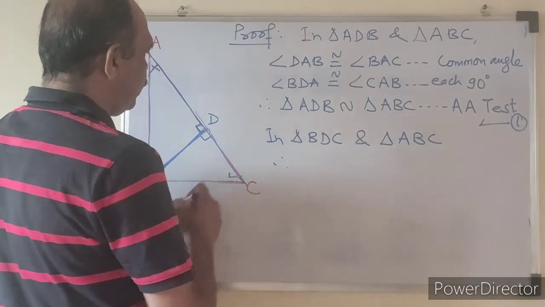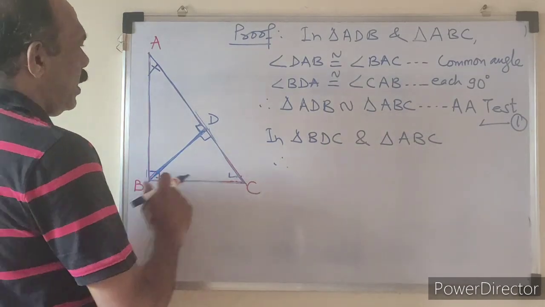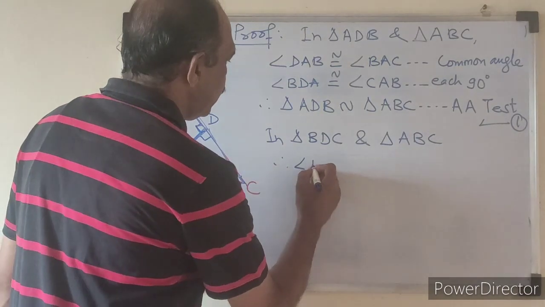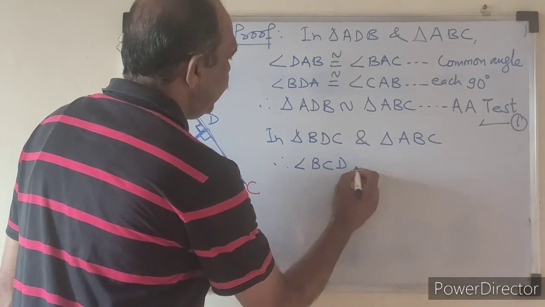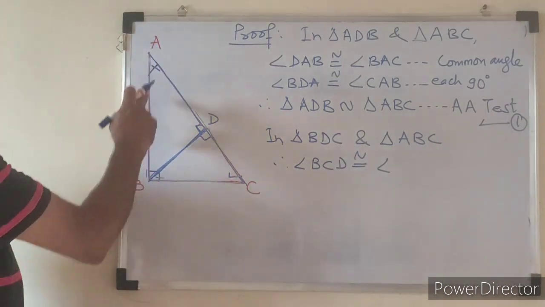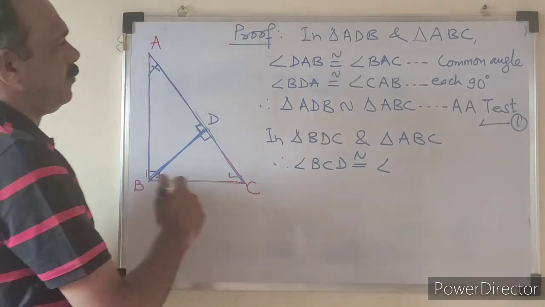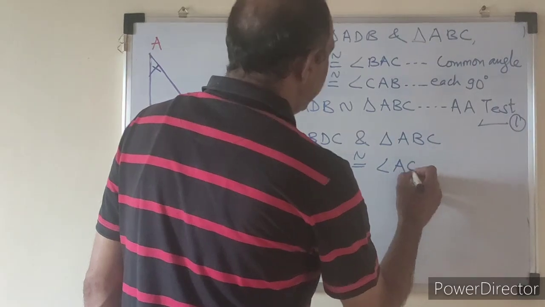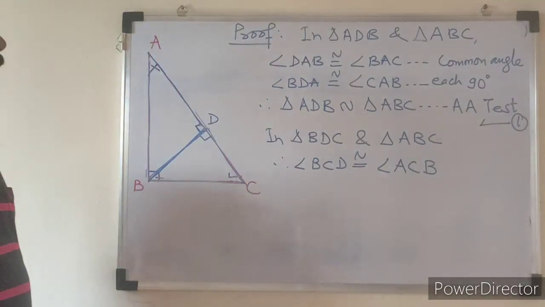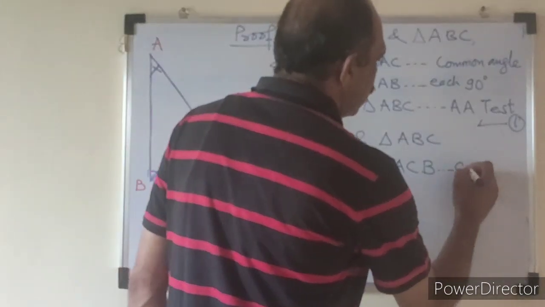So we will write angle BCD congruent to angle ACB. So it is a common angle.